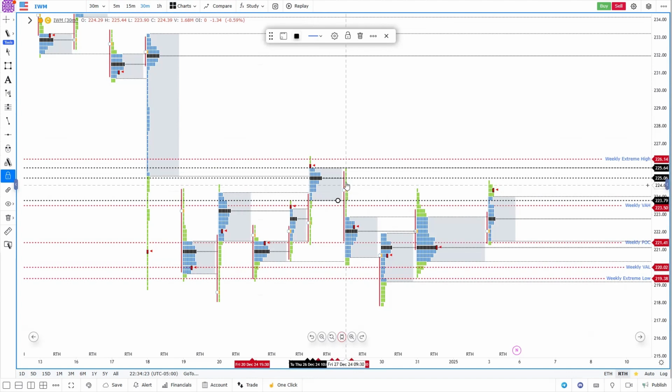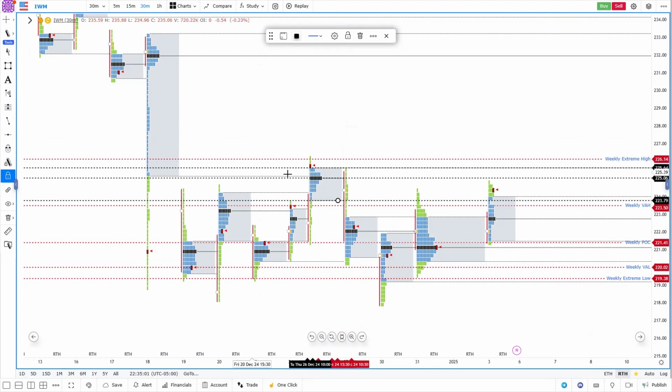Price went all the way up in A period, past the POC, again, where buyers and sellers agreed on price the most, up to that value high where buyers and sellers agreed on price up to that point. 225.64. That's where buyers and sellers agreed on price, the very high of price, right? They didn't agree on price at 225.65, 225.70, 225.60. That's where they did not agree, right?